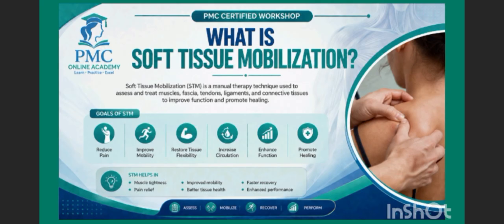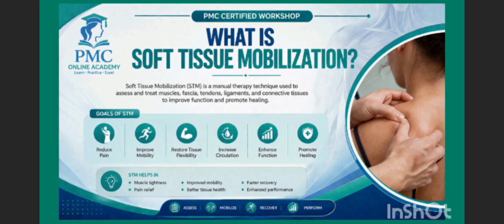Every technique is selected based on the patient's assessment, diagnosis, and treatment goals. So, before applying any technique, we must first identify which tissue is affected, why it is affected, and what outcome we want to achieve. That is what makes STM a skilled manual therapy intervention rather than just rubbing the muscles.